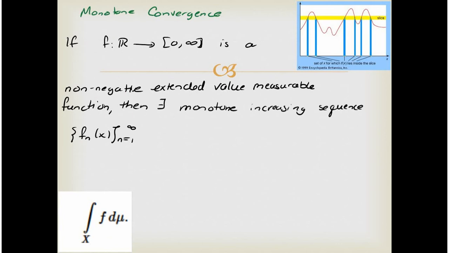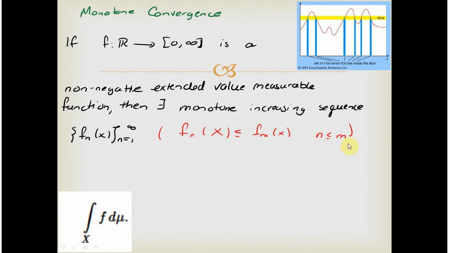So now we're heading towards the concept of monotone convergence. If I have a positive real valued function on the extended reals and it's measurable, then I know that there's going to be a monotone increasing sequence of measurable simple functions. And what I mean by monotone increasing is that if I fix an x, f_n of x is smaller or equal to f_m of x if n is less than or equal to m.